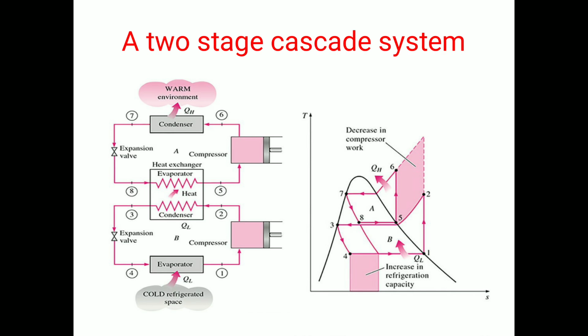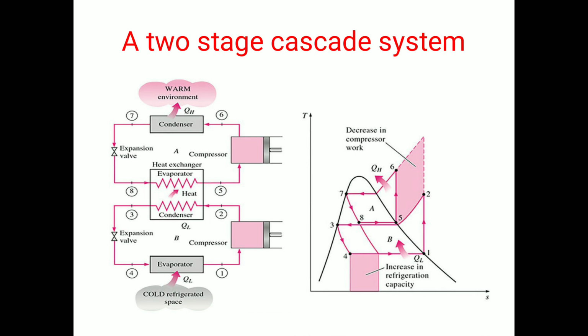And due to that, there will also be some increase in refrigerating capacity, which will also increase the COP of the system. So the cascade system will have more COP compared to a vapor compression refrigeration cycle.